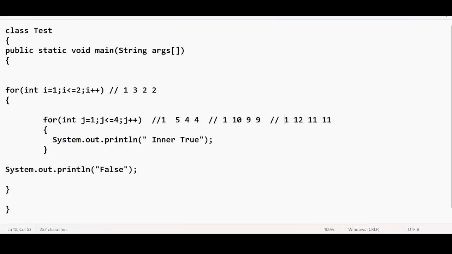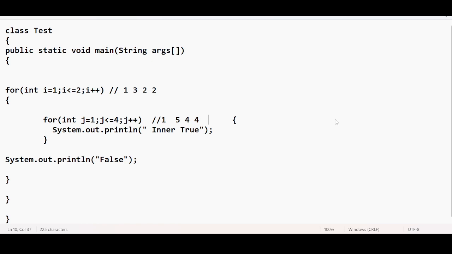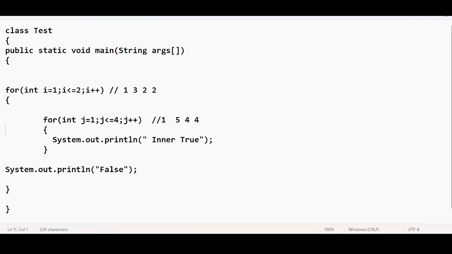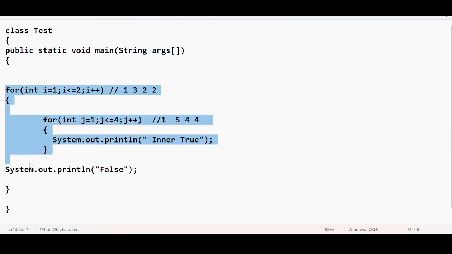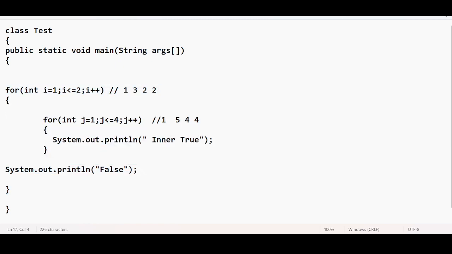So this is the count that you have given, 1544. When you consider the outer as well as inner together, you need to make some changes for the inner for loop. What is that change? 1544 has to get multiplied with what?